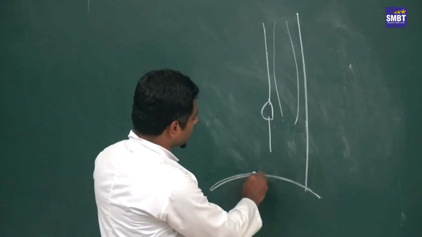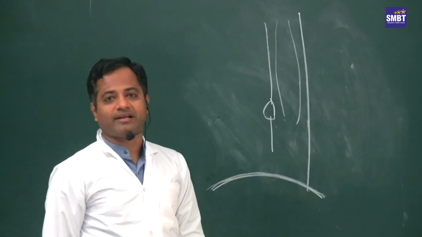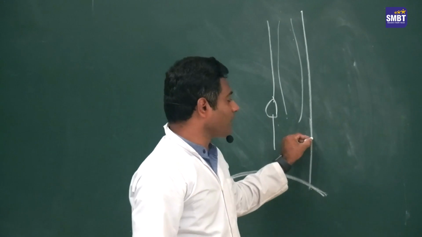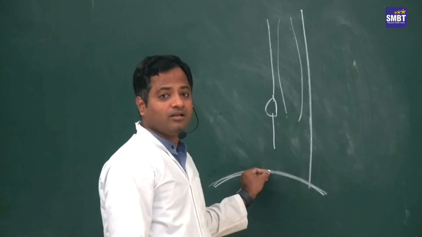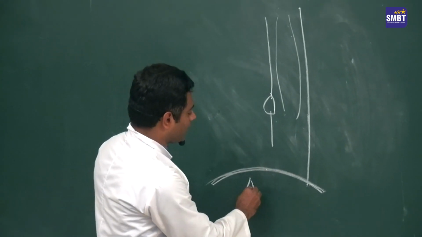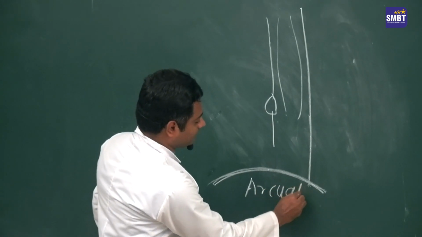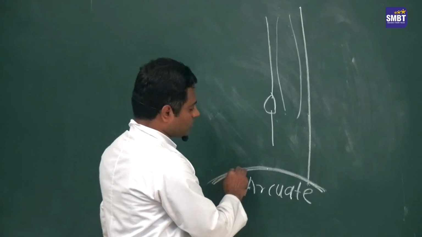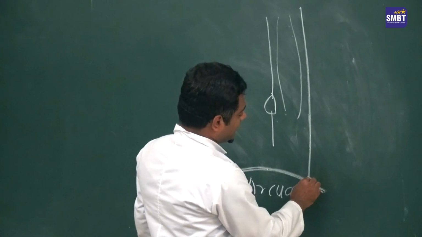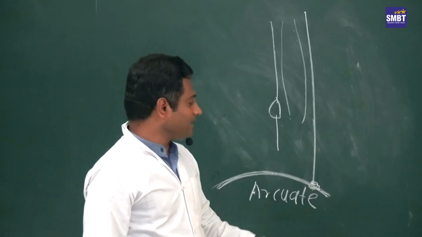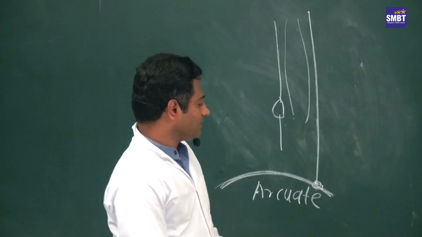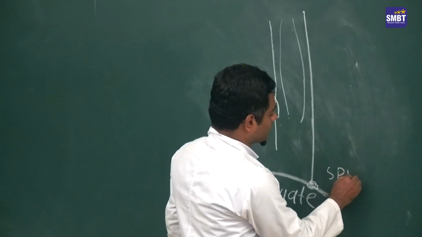There is one more line called the semicircularis line, also called the arcuate line. These two lines meet each other laterally and inferior to the umbilicus, and this is called Spiegel's point.